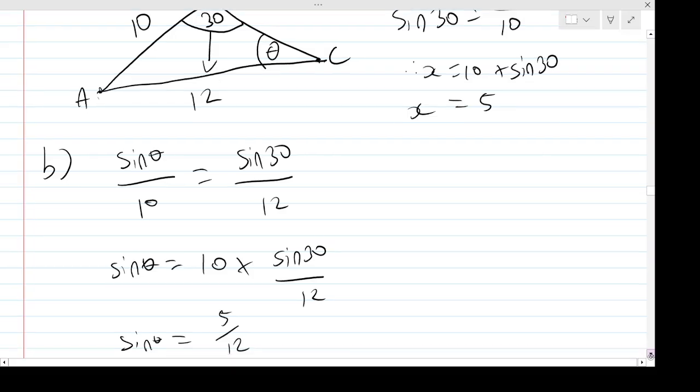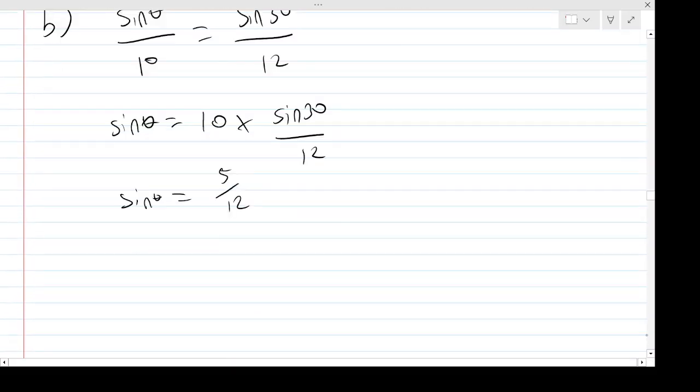So then theta then, well, as we know, we need to consider there will be two possible solutions to this. First of all, one solution is always going to be the inverse sine. So theta could be inverse sine of 5 over 12, which is 24.62 degrees, right?